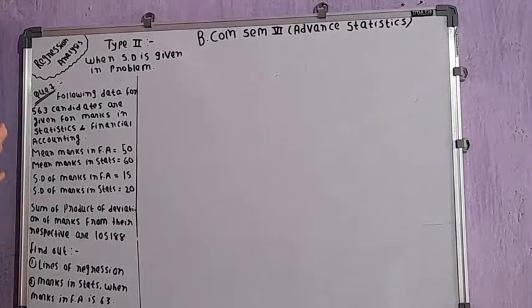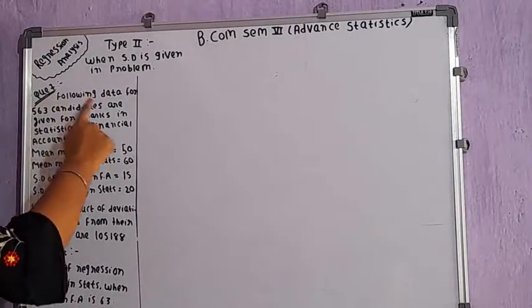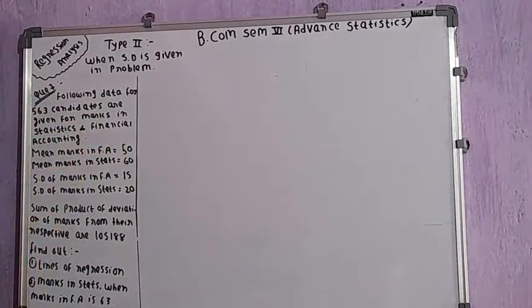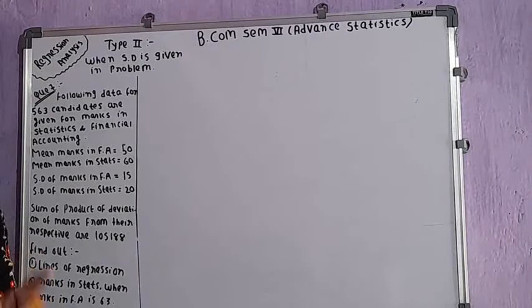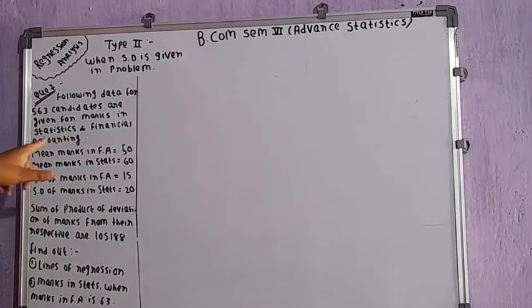First of all, we have to read it and interpret it. Following data for 563 candidates are given for marks in statistics and financial accounting. So basically we have been given data for 563 candidates, data of marks in two subjects, statistics and financial accounting.